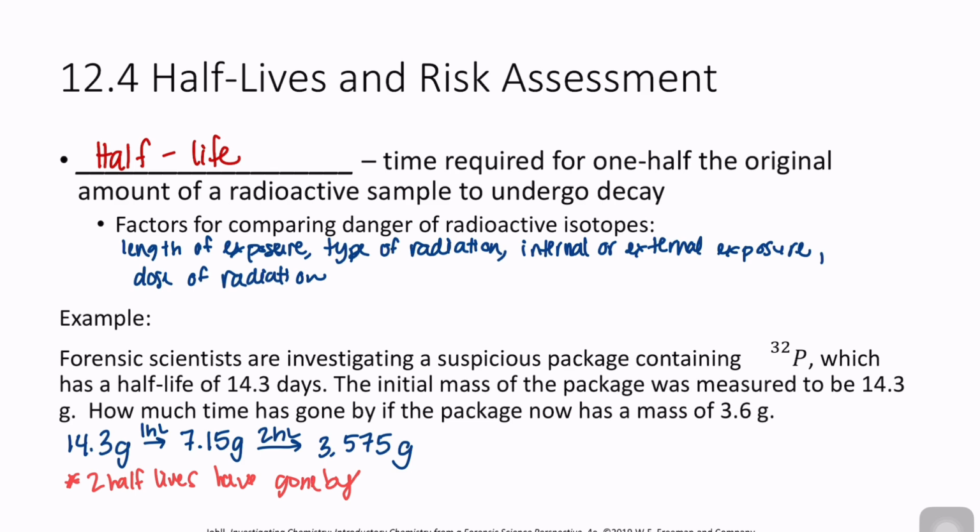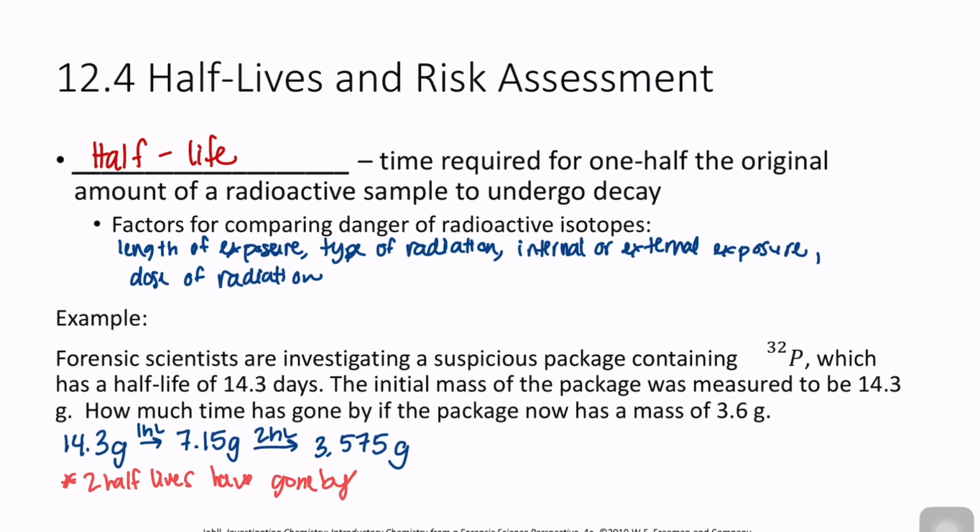To do this math, I can just do a unit conversion and I can use my half-life. So if two half-lives have gone by and there are 14.3 days in one half-life, notice my half-life units cancel. I'm left with units of days, which is good.